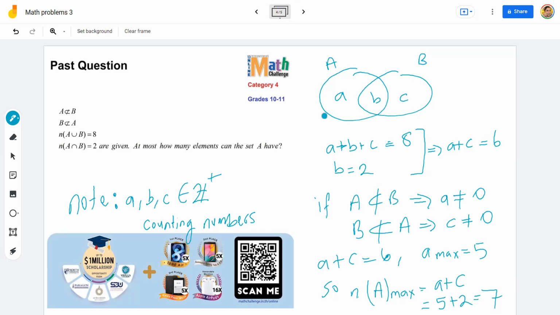Then total maximum number of elements in A is A plus B. So yes, sorry, one minute. This will be B. I am really sorry. Okay, so A plus B. So we calculated the maximum number of A plus B, which is 7.